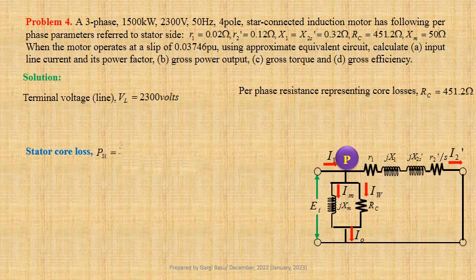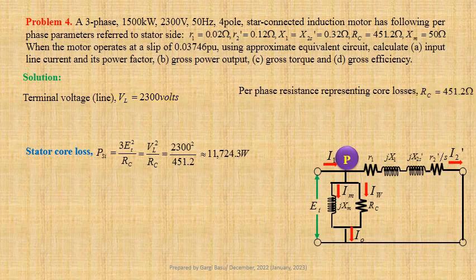Let us now calculate stator core loss. PSI equals 3 times ET square by RC or VL square by RC. Using values we get 2300 square divided by 451.2, which is approximately equal to 11,724.3 watt.